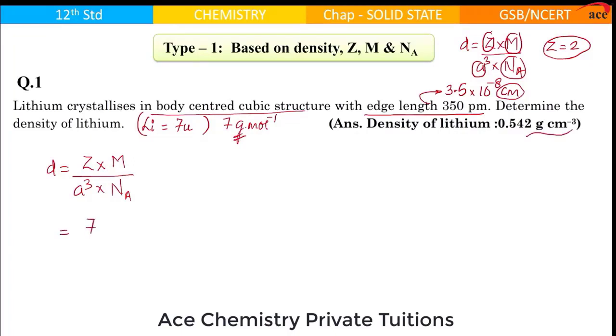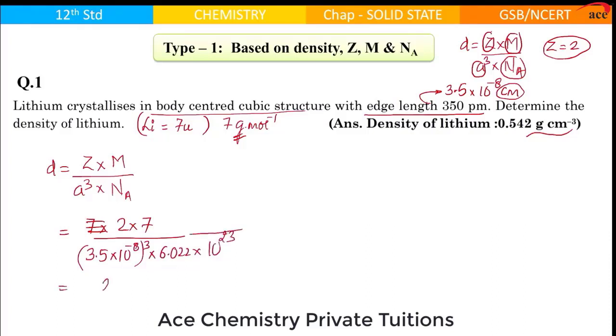So, value of Z is 2, atomic mass is 7, A value is 3.5 into 10 to the power minus 8, the whole cube, multiplied by Avogadro number 6.022 into 10 to the power 23.